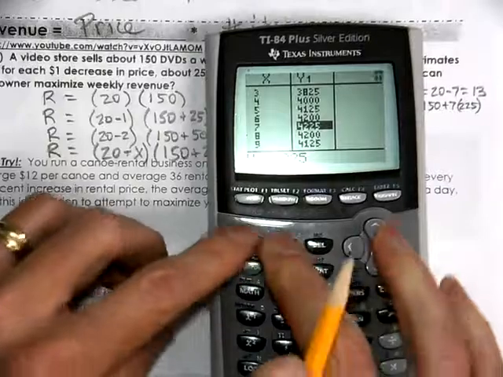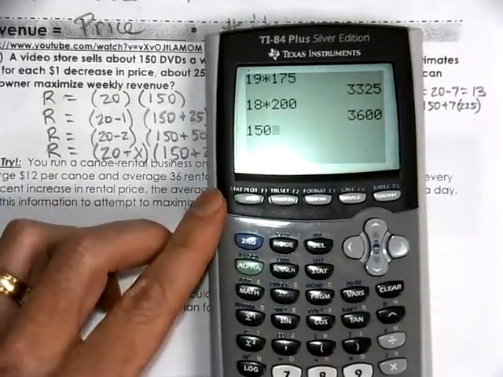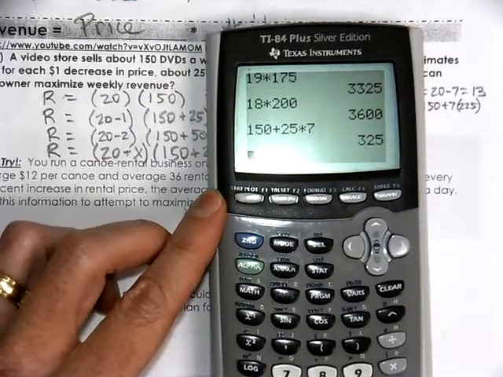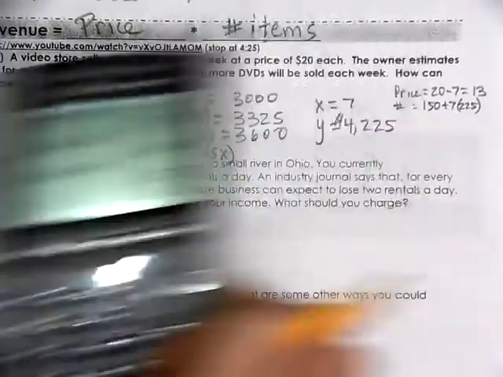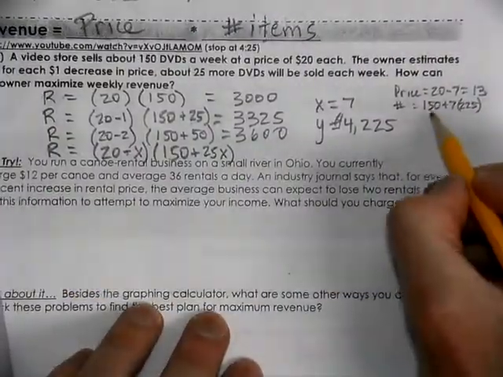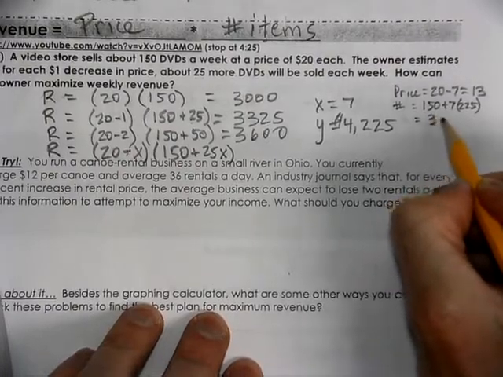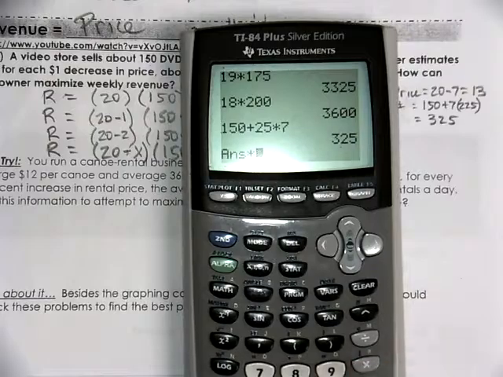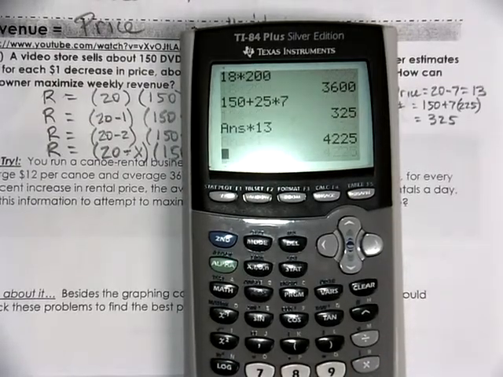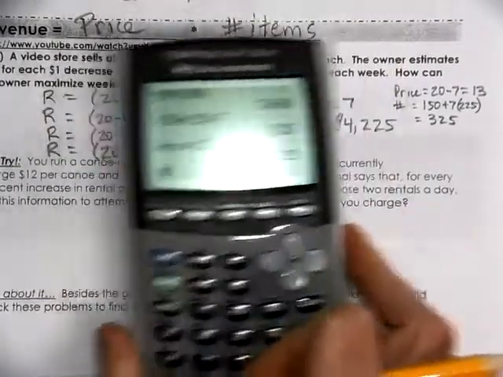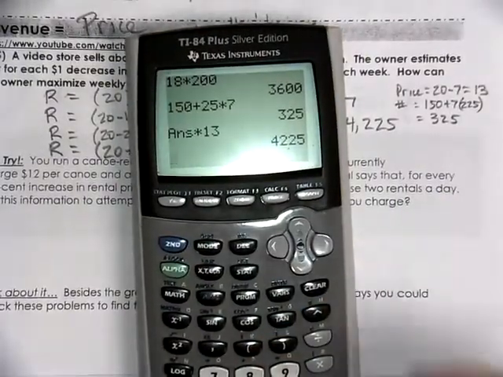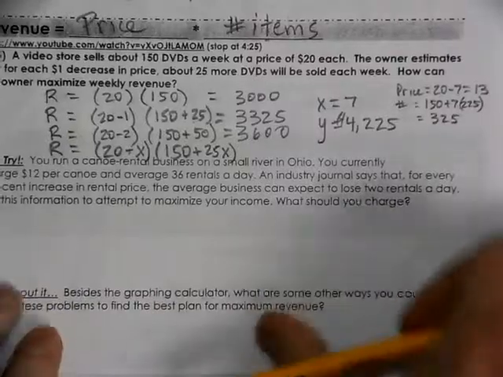With your calculator, 150 plus 25 times 7 is going to give you 325. So your 325 times your 13 should give you this maximum value that we're sitting at, 4,225. That maximizes your profit.